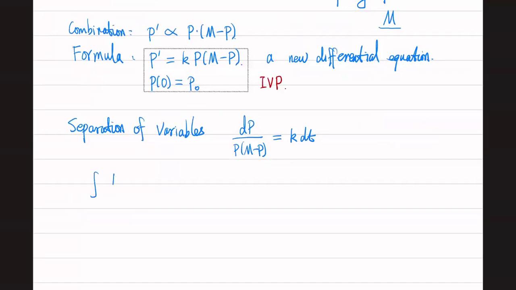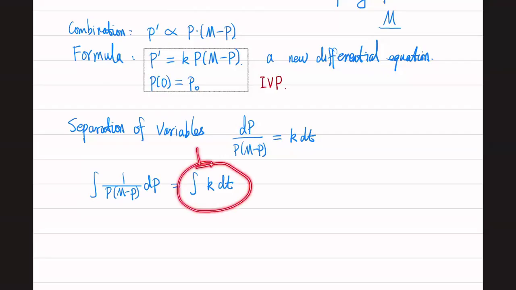The integral of dP over P(M minus P) equals the integral of k dt. The right-hand side is exactly the same as we had before. We know this quite well.